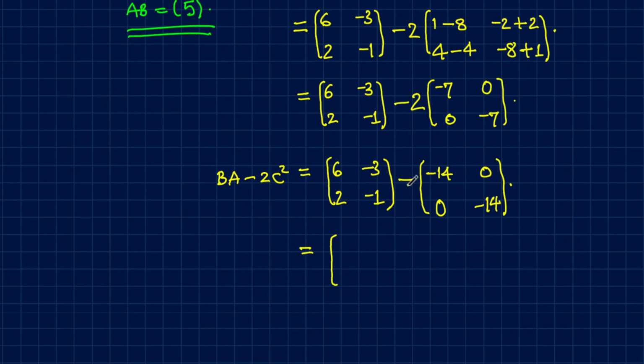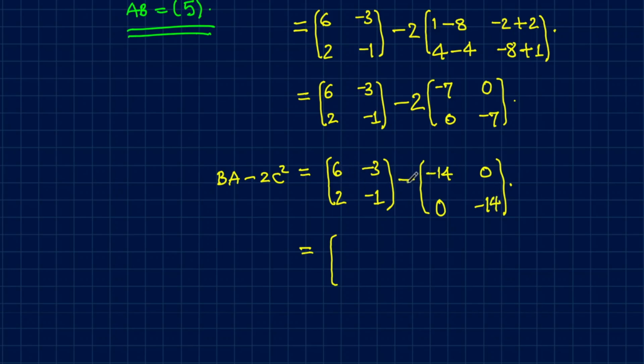And while subtracting or adding matrices, we normally deal with the corresponding elements. So this element corresponds to negative 14, and negative 3 corresponds to 0, 2 corresponds to 0, negative 1 corresponds to negative 14. So let's subtract them in that order.